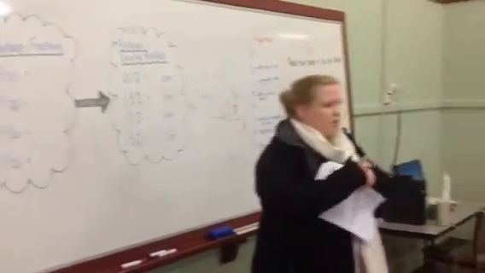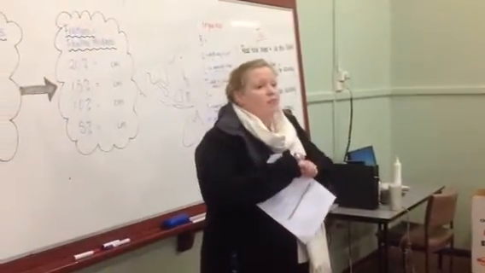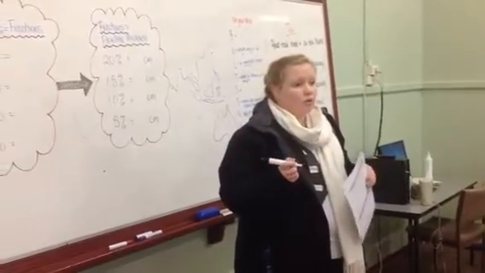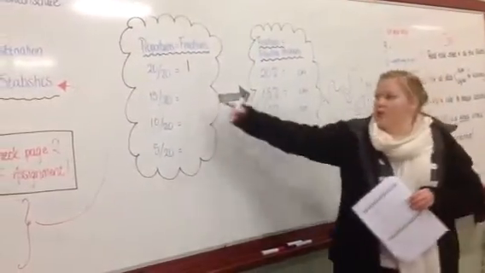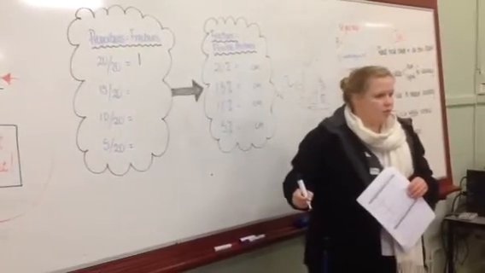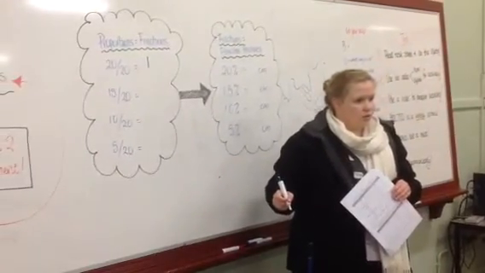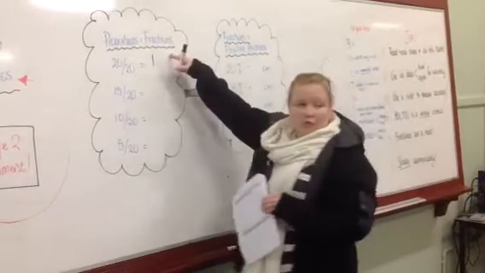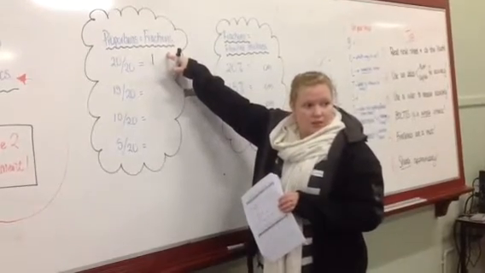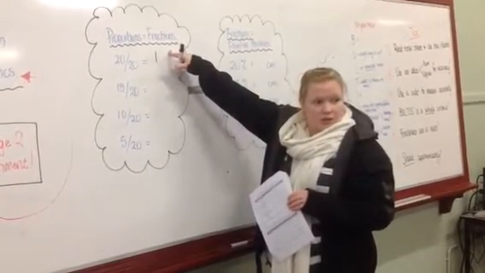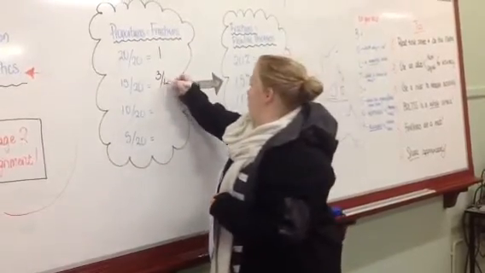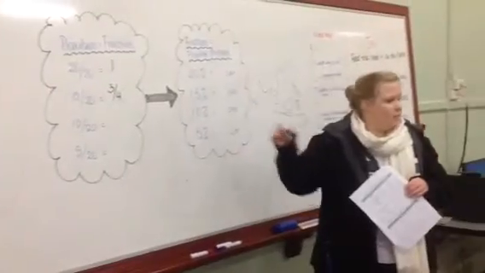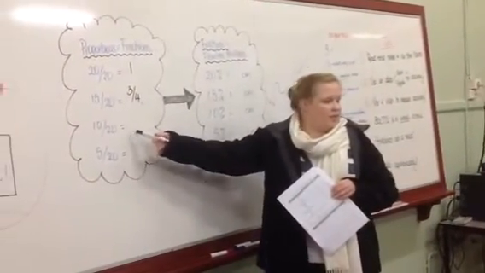If we're thinking of fractions, what's 20 out of 20? What's it equivalent to? 1, a whole. Excellent. Mark, can you tell me what 15 out of 20 is? 0.75. 0.75, but if we're thinking in fractions, it's? 3 out of 4. Perfect. Jimmy, can you tell me what 10 out of 20 is?